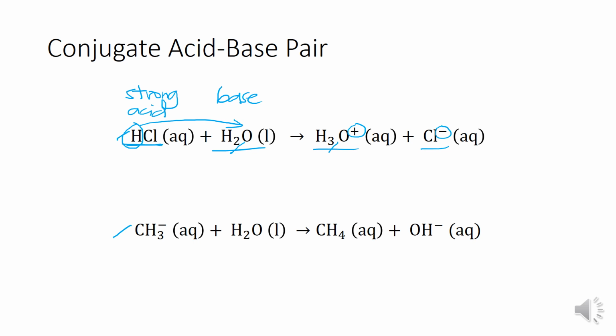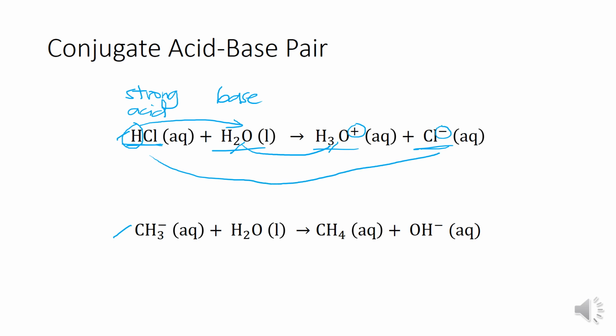So in this case, the hydronium ion was produced from water, correct? And the chloride ion was produced from the hydrochloric acid.